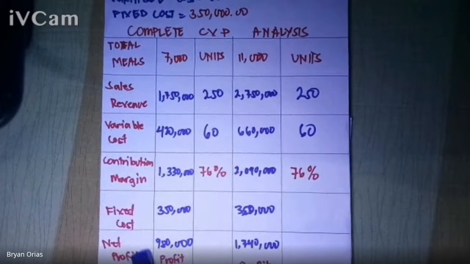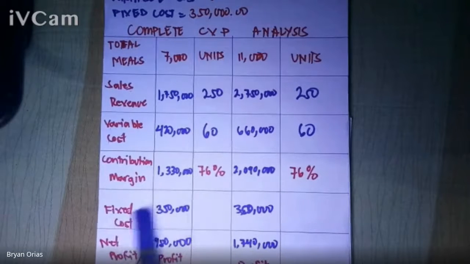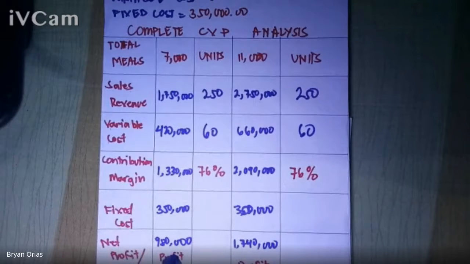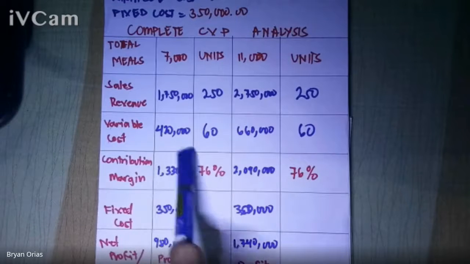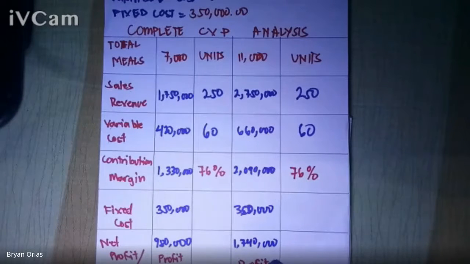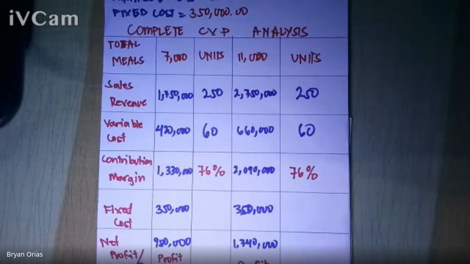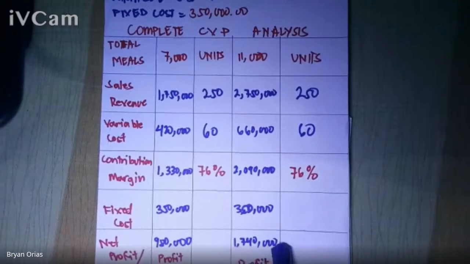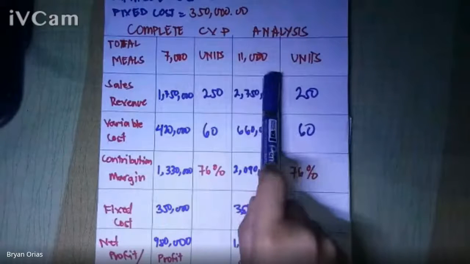So, to get your net profit, simply deduct yung fixed cost to your contribution margin: 1,330,000 minus 350,000, you will get 980,000 for the 7,000 units and then 1.740 million for the 11,000 units. Ibig sabihin, ang profit na pwedeng makuha ng restaurant is between 980,000 to 1,740,000 pesos. This is the estimation kung makakabenta sila ng 7,000 to 11,000 units.